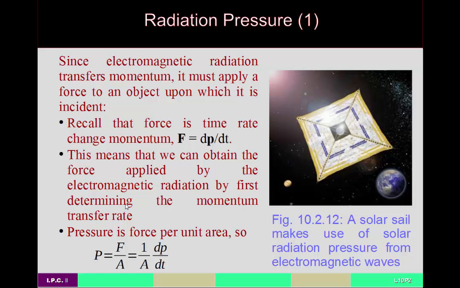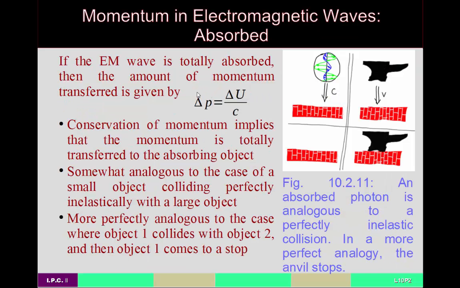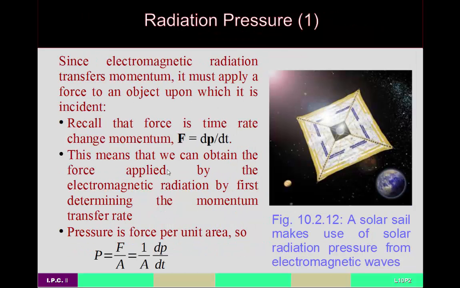And so that means that you can obtain the amount of force applied by the electromagnetic radiation by first figuring out the rate at which these momentum transfers are happening. So the momentum transfer is delta p. If you know how much time delta p takes, then you have the rate at which it is being transferred. And if you do that over a short amount of time, you've got dp/dt, which is the force.